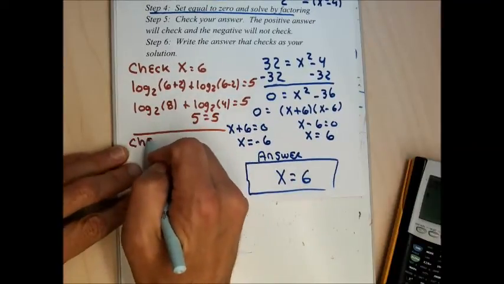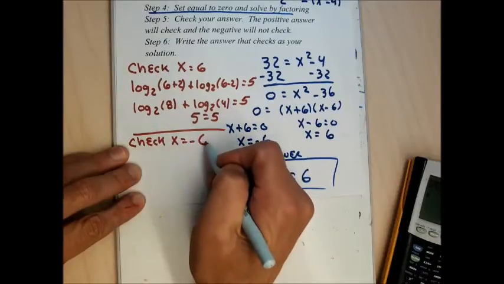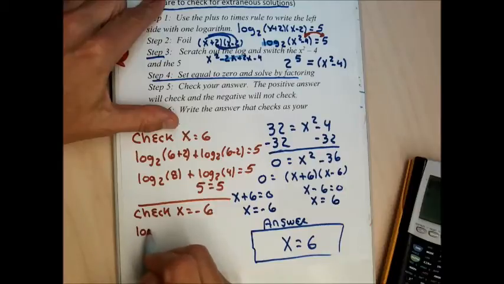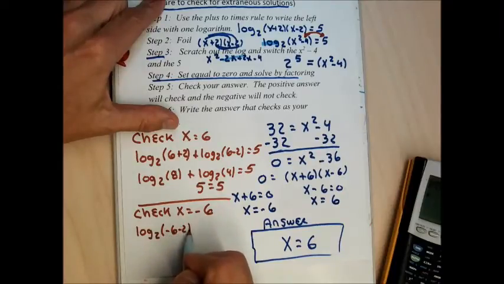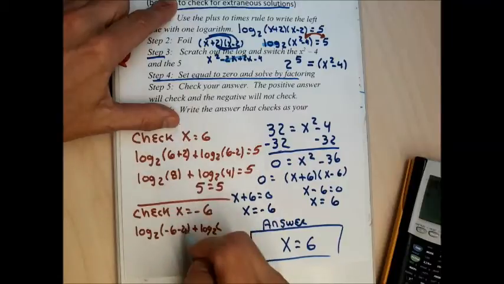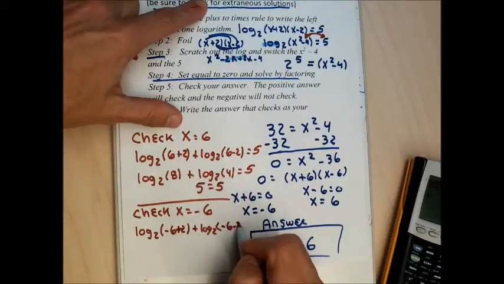If I do the same thing with the negative 6, meaning go to the original problem and change the x's to negative 6, I get the log base 2 of negative 6 plus 2, plus the log base 2 of negative 6 minus 2.